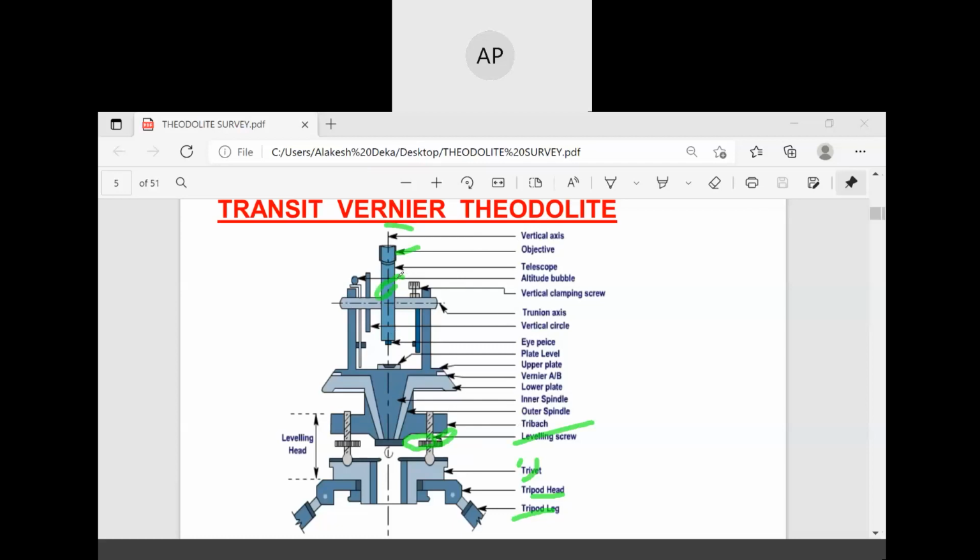This is your telescope. And this is your altitude bubble, vertical clamping screw, trunnion axis. This is your vertical circle. This is your eyepiece. This is your plate level. This one is the upper plate, vernier A and B, lower plate, inner spindle, outer spindle, tribrach. And this is your leveling head. So these are the different parts of a transit theodolite.